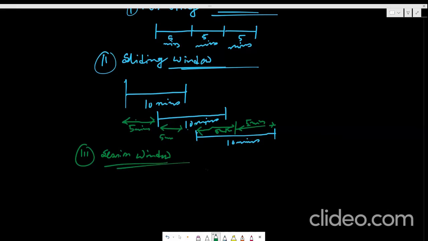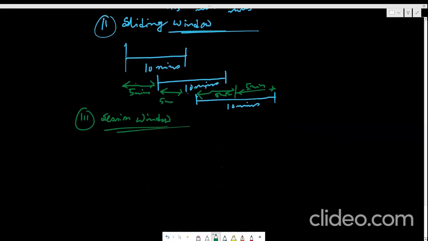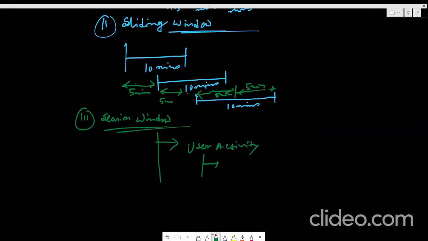In a session window, events are grouped based on user activity, like when the user is active. The user generates some event, and after some time generates another event, and again another event.